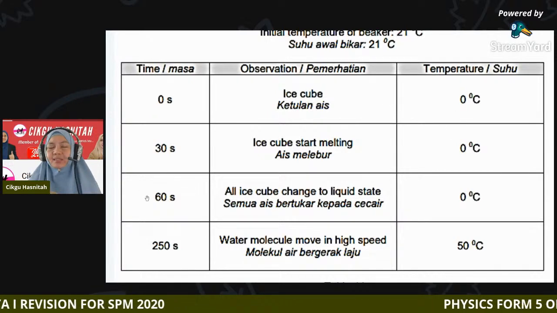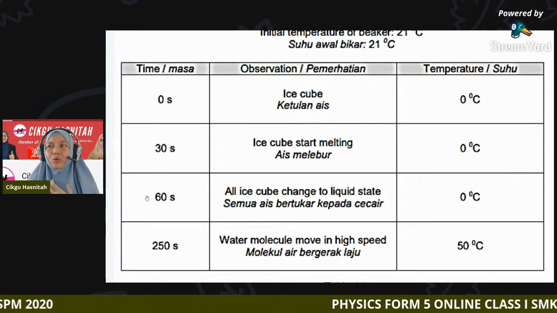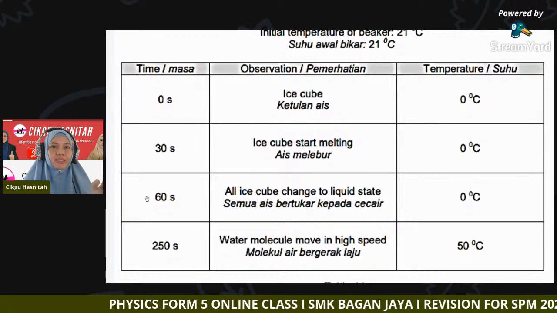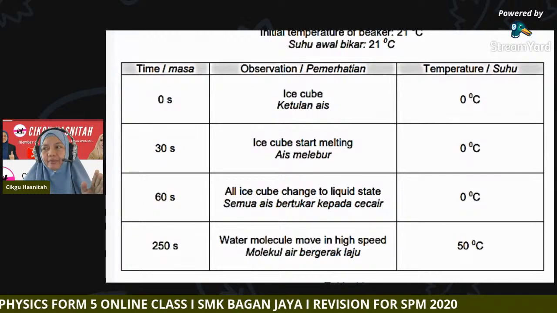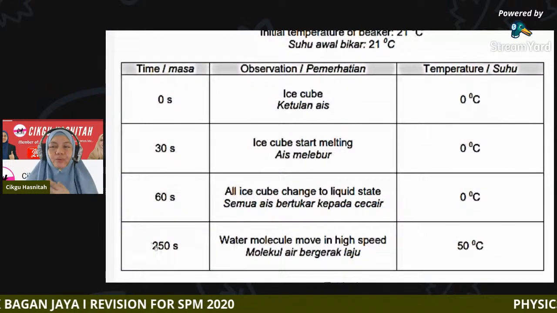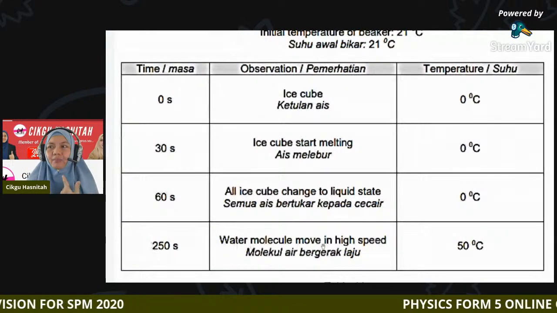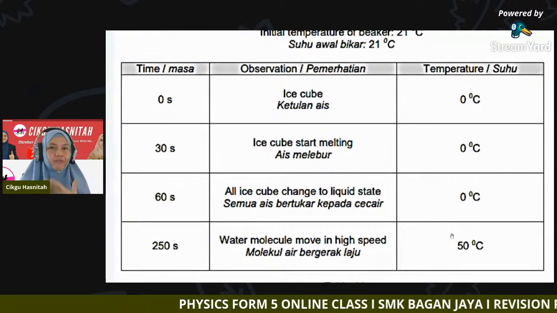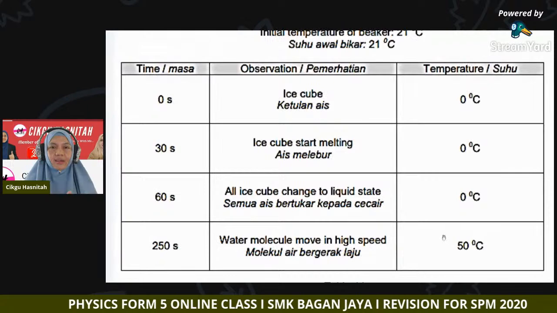At 60 seconds, what happened? All the ice cube has melted into liquid state, but the temperature is still 0. After 250 seconds, now the water molecules move at high speed. This is the observation, and the temperature is now at 50 degrees Celsius.